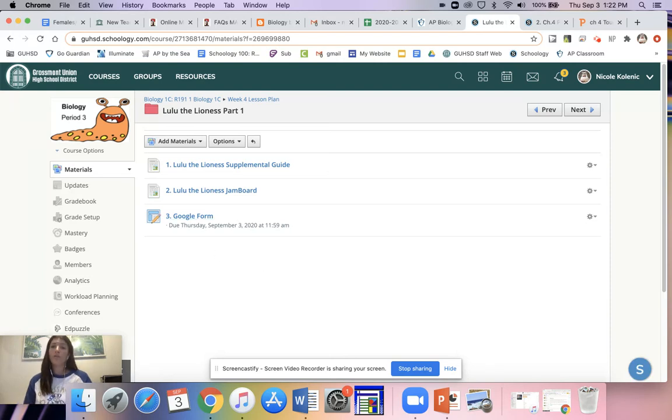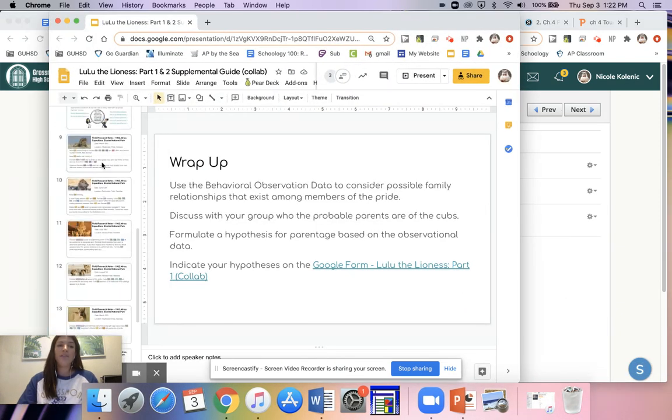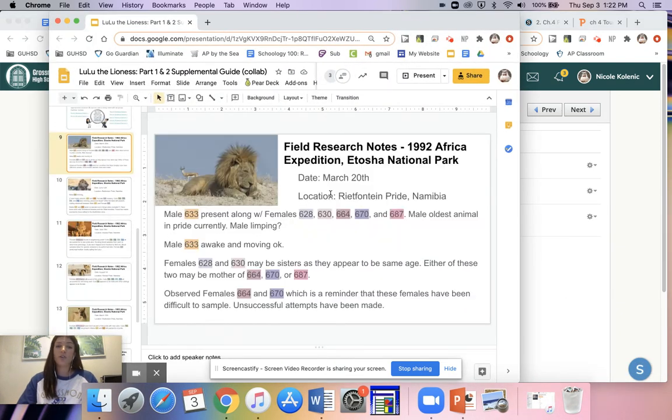When you open the Google form, what it's going to ask you is, which lion did you think the mom was? So you're going to want to go back and think about the information you saw. So which female do you think could be the mom? Think about, who did you see the cubs with the most? Where were some of the females when the cubs were in a certain area?